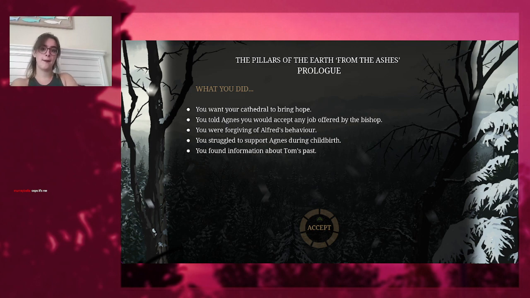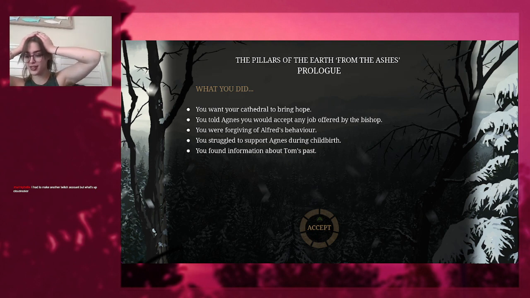What we did. Okay. So this is the prologue, From the Ashes. We want the cathedral to bring hope. Yes. Agnes would accept any job offered by the bishop. True, but now she's dead, so I don't really know. You were forgiving of Alfred's behavior. I struggled to support Agnes during her childbirth.